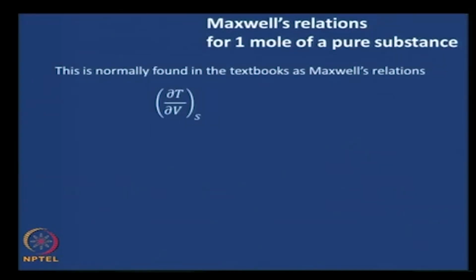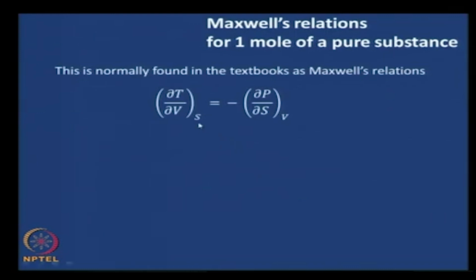Dou T by dou V at constant S equals minus dou P dou S at constant V. This was obtained by applying the reciprocity relationship to the total differential written for 1 mole of the substance.